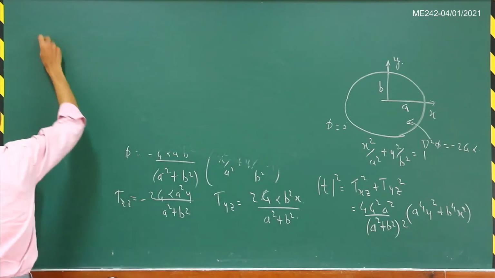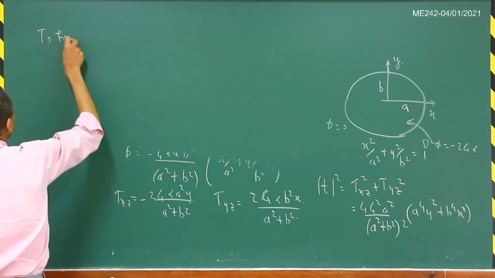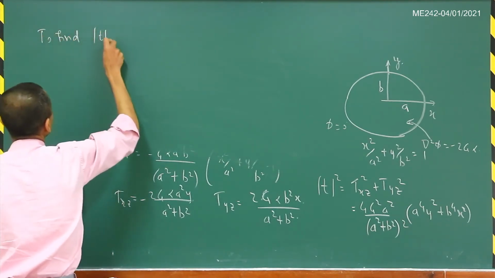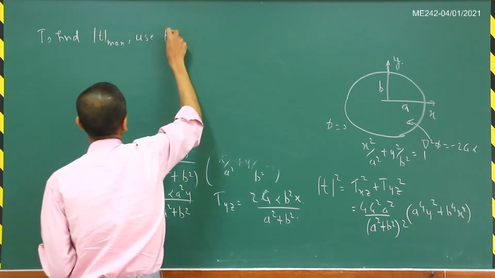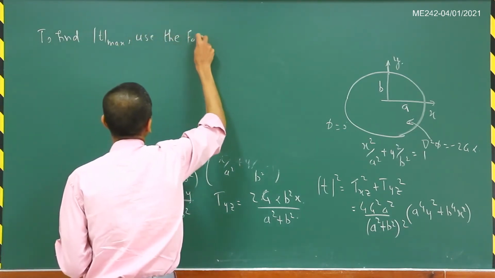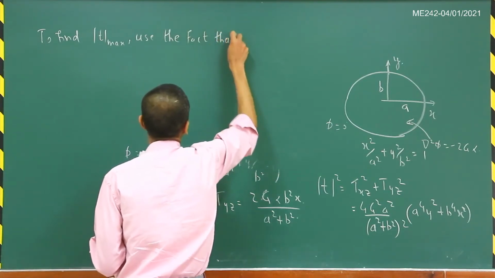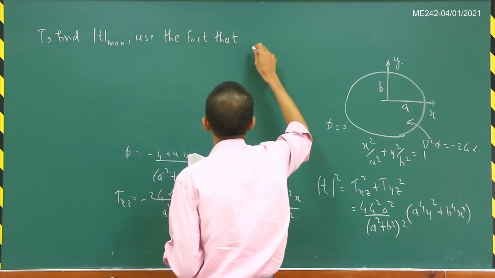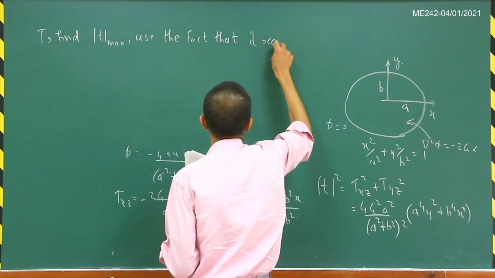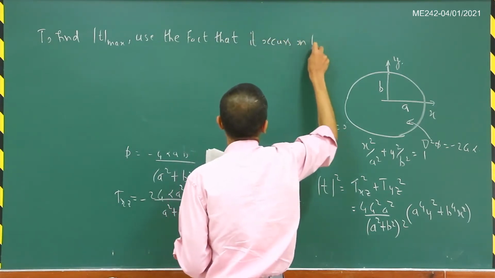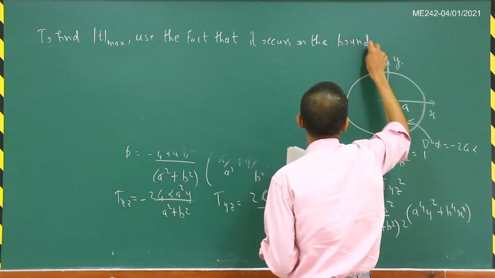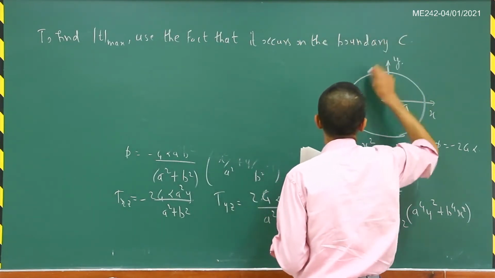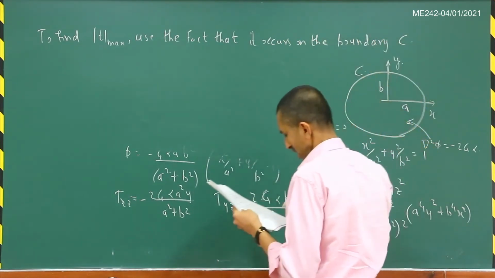To find tau max, use the fact that it occurs on the boundary C.